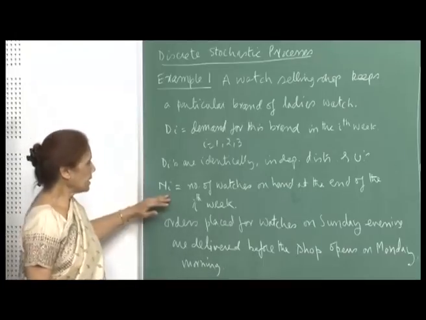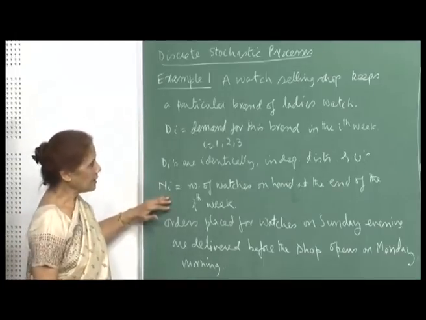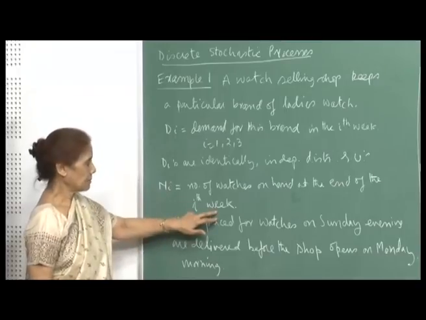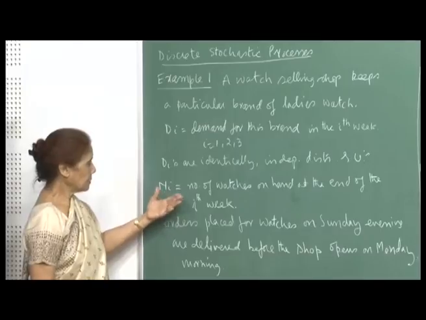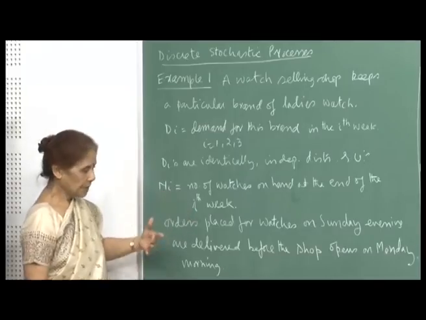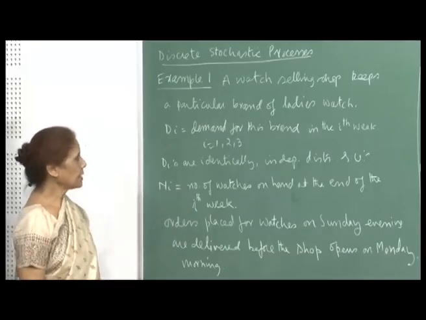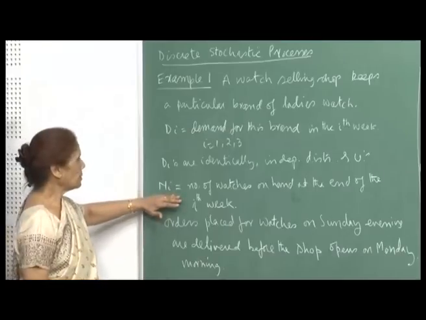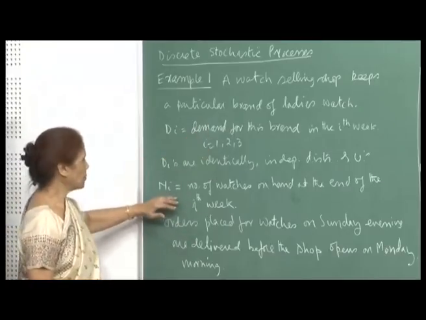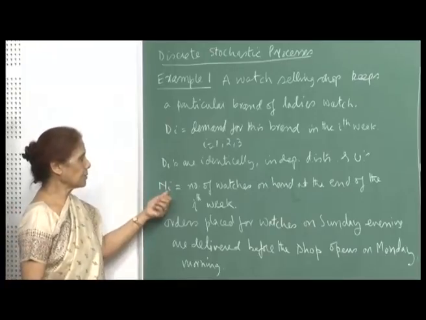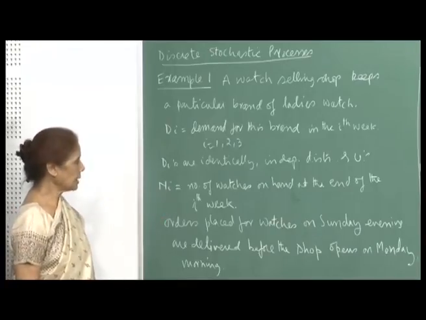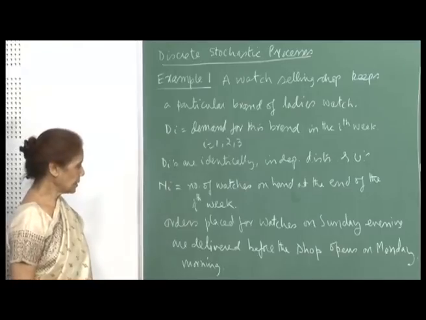Let Ni denote the number of watches on hand at the end of the ith week. So, let us say by Saturday evening the man takes stock of the things that he has on hand, and so Ni will be the same particular brand of ladies watch. He has Ni of them. So, that means N1 at the end of the first week, N2 at the end of second week, and N3 at the end of third week.